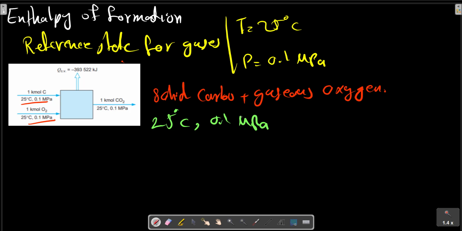If the heat transfer could be accurately measured, it would be found to be the heat transfer Q control volume as shown in the picture.